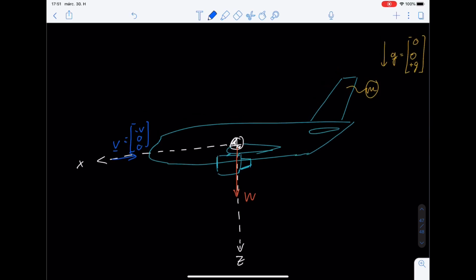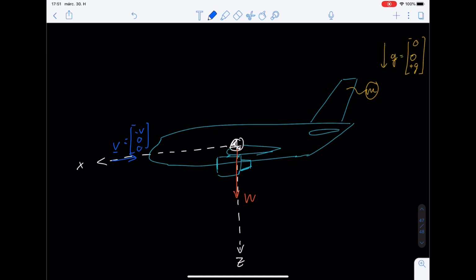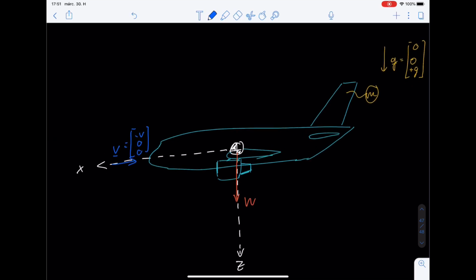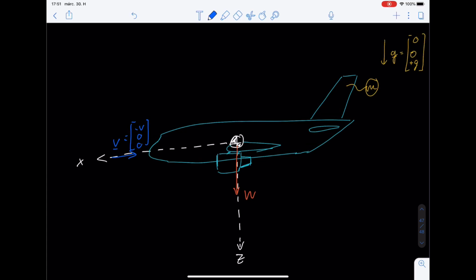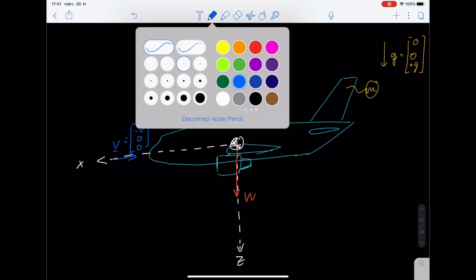And just like we have the center of gravity, where we presume the entire mass of the body to be concentrated, and where the resultant weight of the aircraft, the entire weight of the aircraft, is acting through, as you remember, we also have for airplanes the center of pressure.